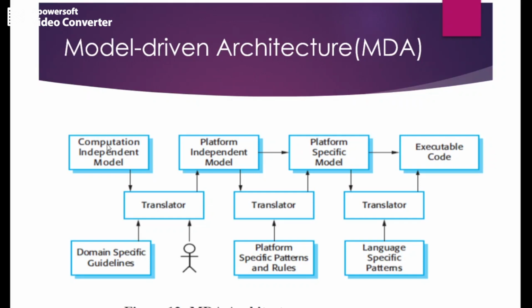The computation independent model translator works from domain specific guidelines. The platform independent model is translated using platform specific patterns and rules. The platform specific model is translated using language specific patterns, that is, what programming language is required.